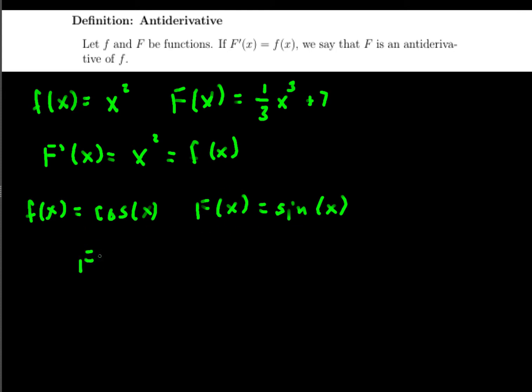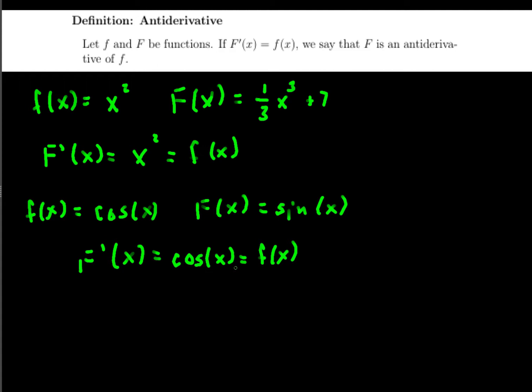F prime of x is cosine of x, which is our little f of x. And so big F of x is an antiderivative of little f.